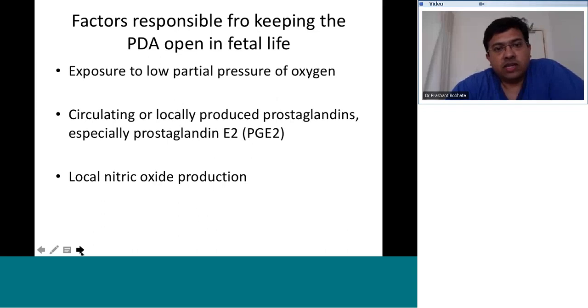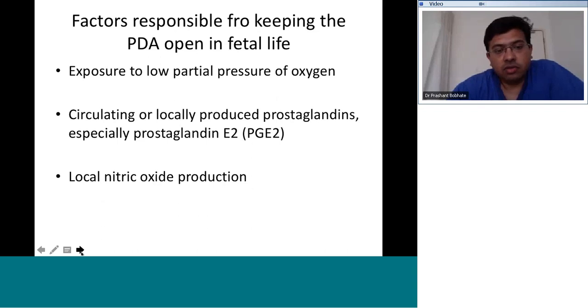There are various factors which help to keep the PDA open in fetal life, and the sensitivity of the PDA to each of these changes as the gestational age changes. These include exposure to low partial pressure of oxygen, circulating and local prostaglandin, and local nitric oxide production.